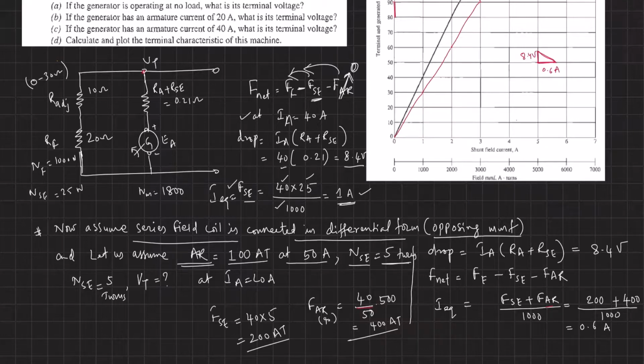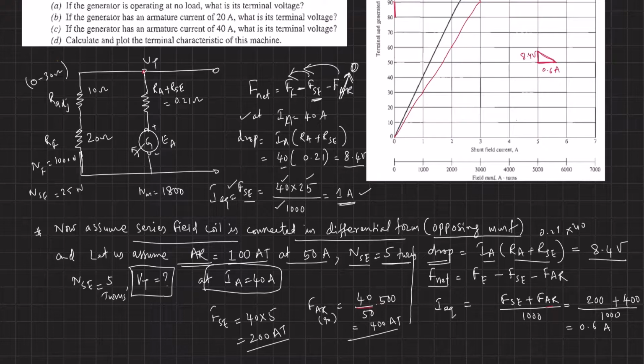right? Now we need to calculate the terminal voltage at 40 amps loading condition. So first again I'll calculate the IA RA drop, that is IA into RA plus RSC. So RA plus RSC is 0.21 and this is 40, so it comes to 8.4, similar to the previous case.